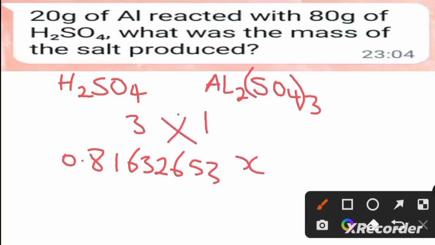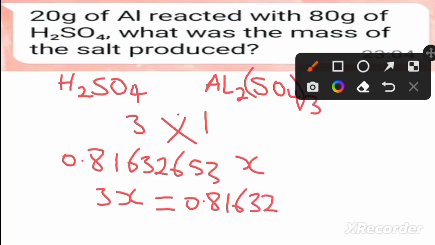So 3 times x is equal to 3x, and 1 times 0.81632653. Here divide by 3, and here also divide by 3.